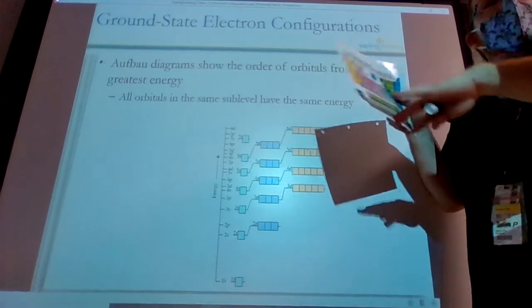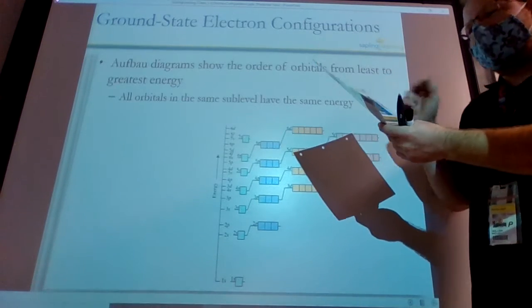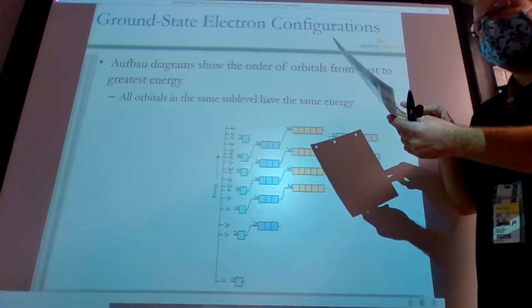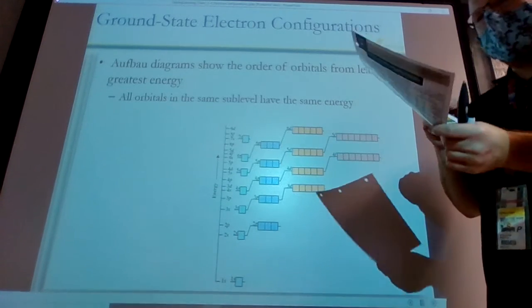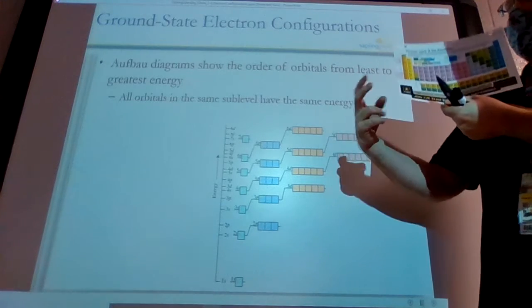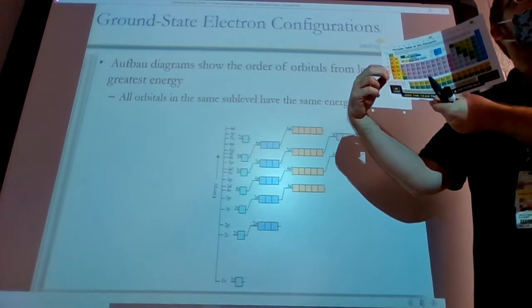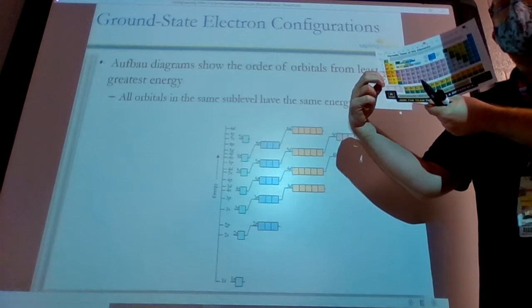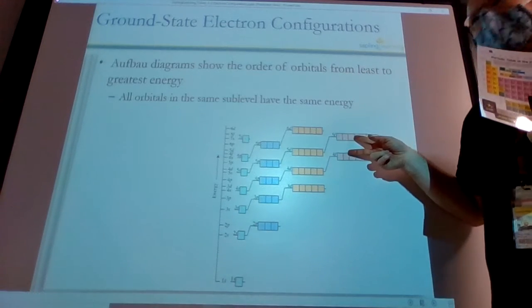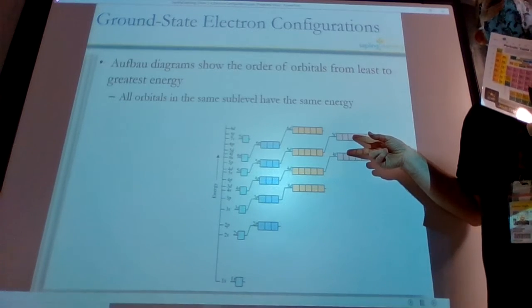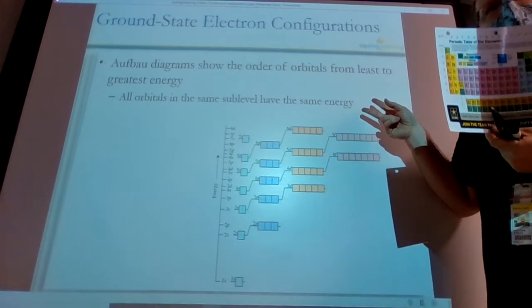And so d is offset by one row, and actually f is offset by, I believe, 2 rows maybe. Yes, because the two bottom ones down here, what rows are they in on the periodic table? 6 and 7. They're not 6f and 7f. They're 4f and 5f. And so they're shifted up as far as electrons are too.